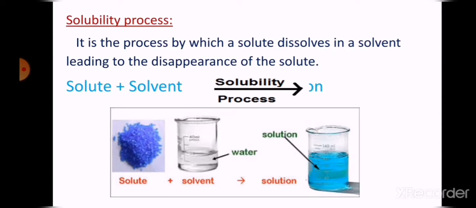When this process happens, the solute dissolves in the solvent to make the solution by a process called solubility. The solubility process is the process by which the solute dissolves in the solvent, leading to the disappearance of the solute.